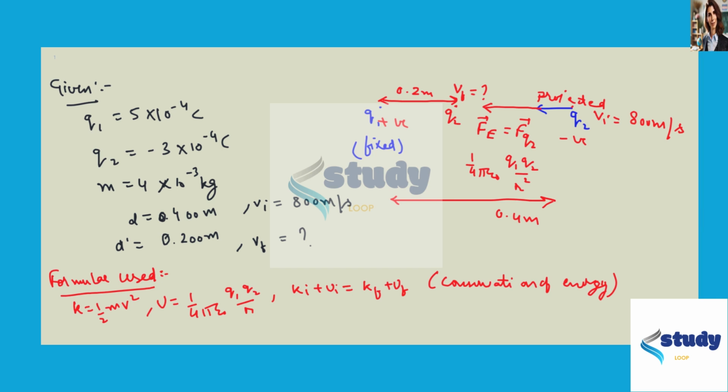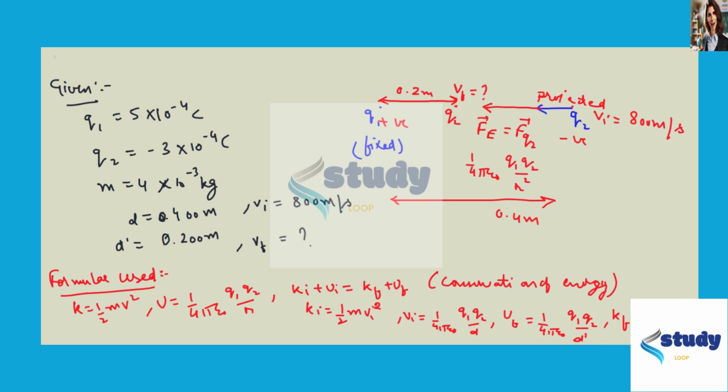So we have Ki equals to half m Vi square, Ui equals to 1 by 4 pi epsilon q1 q2 over d, Uf finally 1 over 4 pi epsilon q1 q2 over d prime, which is the final distance. K final is equal to half m V final square.